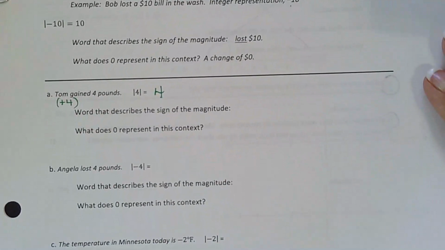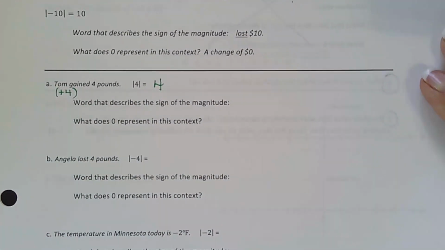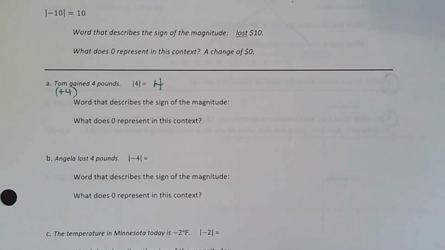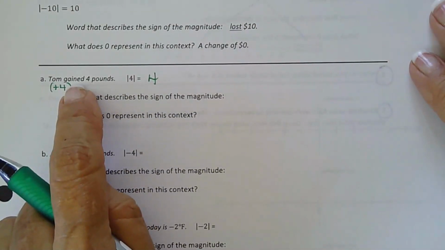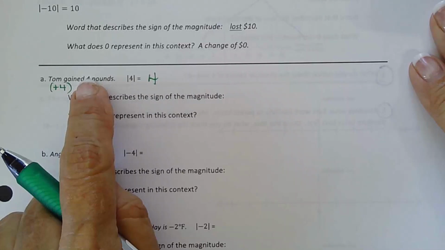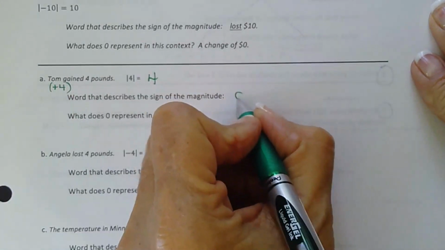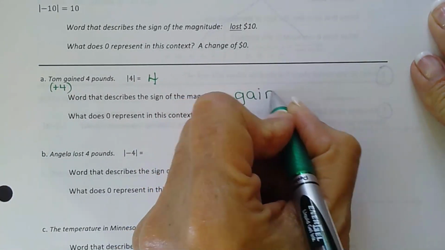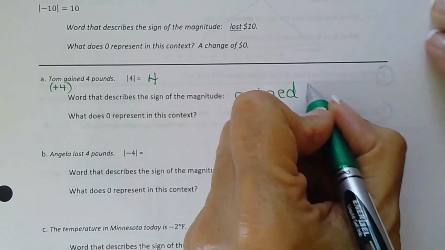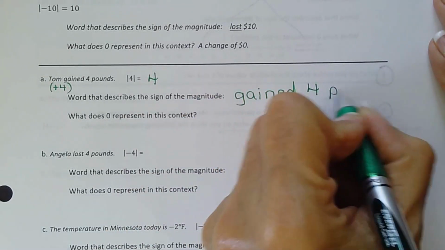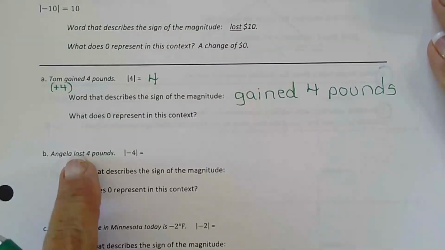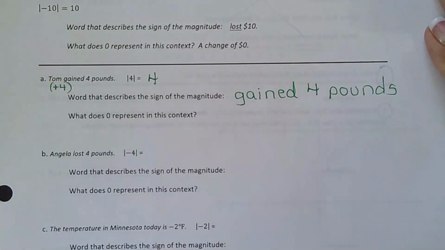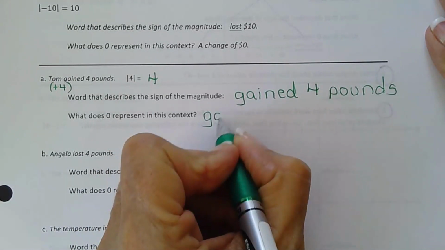So a positive comes out positive, a negative comes out positive. A word that describes the sign of the magnitude would be gained 4 pounds. That's how we know it's a positive number. What does 0 mean in this context? It would mean gained 0 pounds.